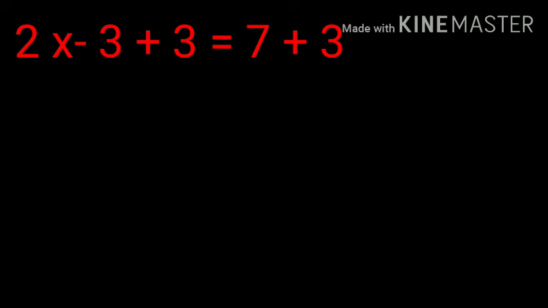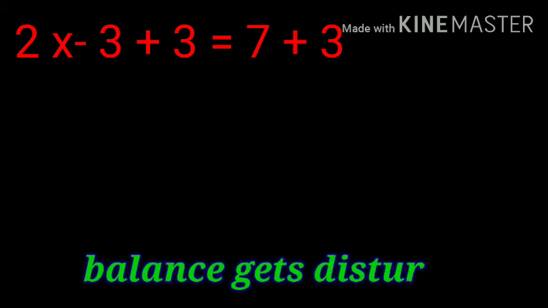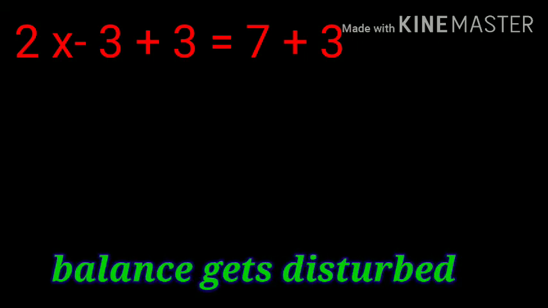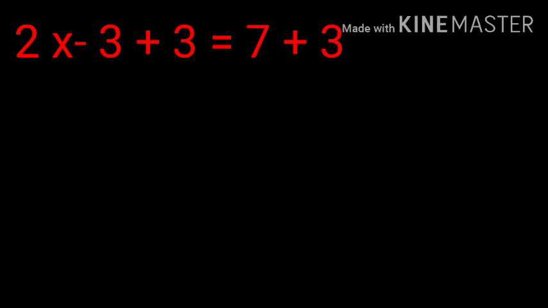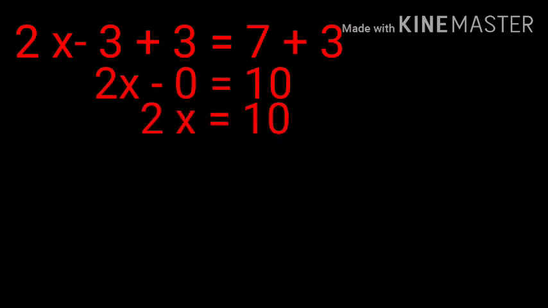Otherwise it is tilted to the right side, the balance is disturbed. So after adding, -3 plus 3 becomes 0, and on the right side 7 plus 3 becomes 10. So now we are left with 2x is equal to 10.